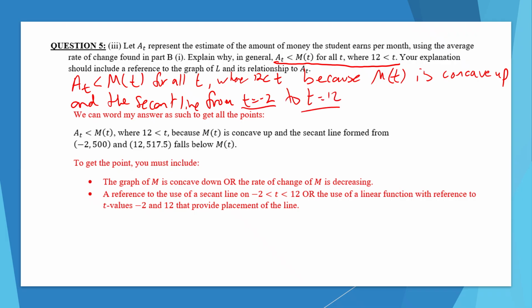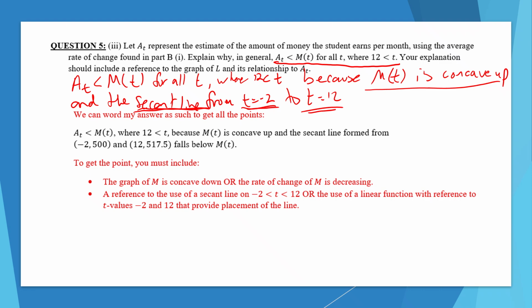I am going to want the 2 points that form that secant line there. A lot of students just put the word secant line, but they don't put the 2 points that form it. That would be marked as wrong on an AP exam. So this is very specific. I need the concavity, I need the secant line, those 2 words specifically, and then I need the 2 points that form it.